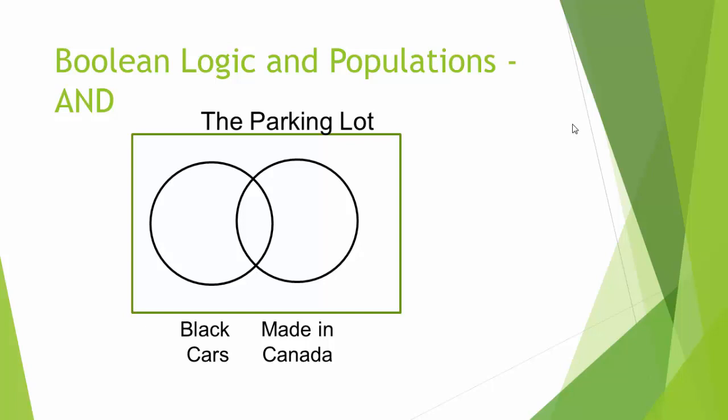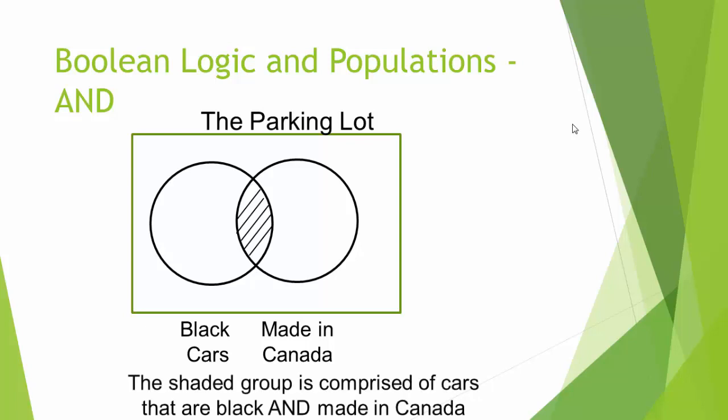What's interesting here is that often we can superimpose some of those things. So there will be some cars made in Canada, some cars that are black, and there will be some cars that are both. And so if we take the AND operation on those two sets, then the overlap between those two things is our black cars made in Canada.